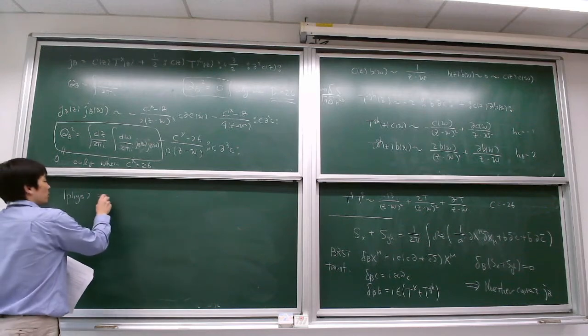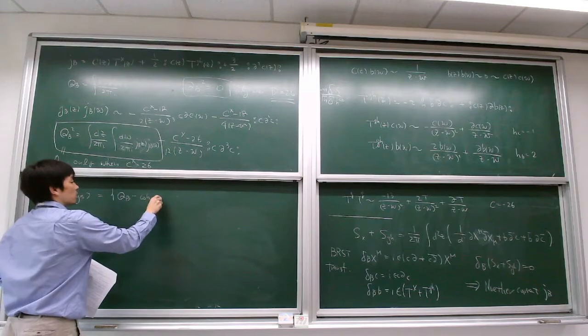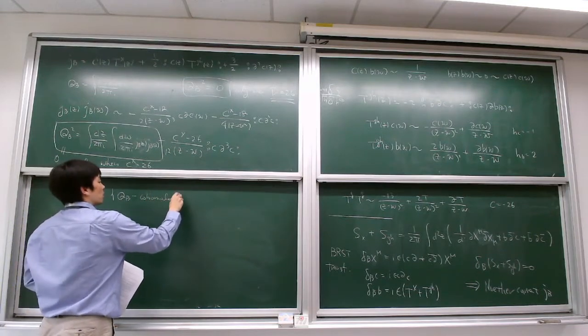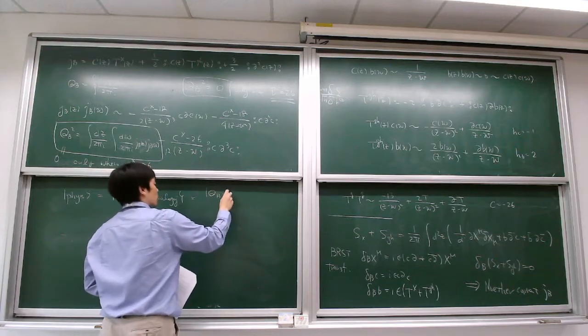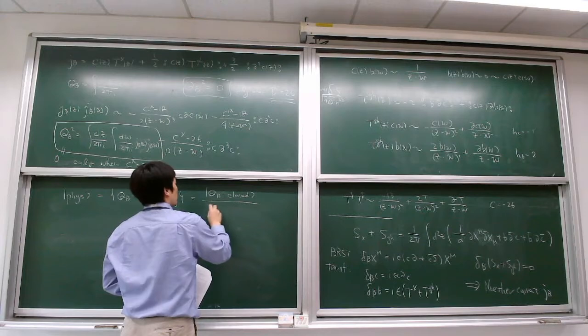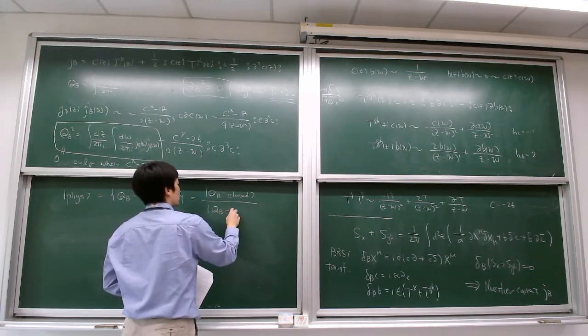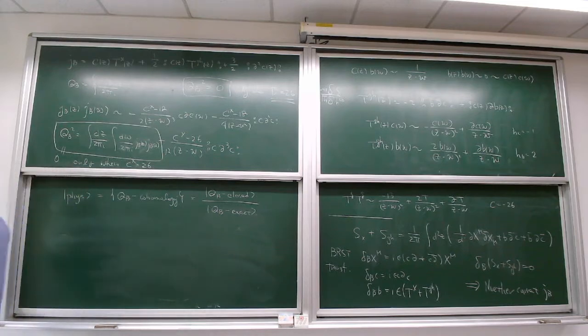So this has to be Q_B cohomology. So this is Q_B exact. So Q_B closed divided by Q_B exact, roughly speaking.